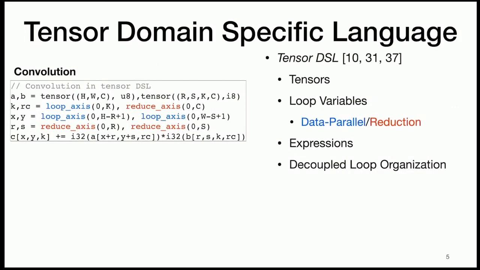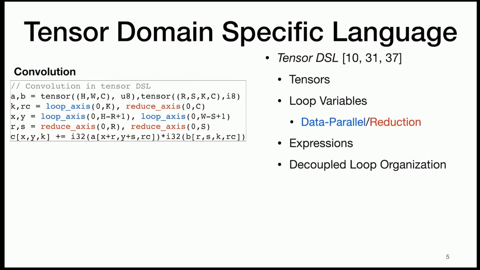As aforementioned, UNIT is based on a tensor domain-specific language. A tensor domain-specific language typically refers to those languages that follow this paradigm. Users declare tensors by their shapes and data types, and loops by their types and trip counts. By type, we mean either data parallel or reduction. The computation is described by expressions involving these tensors and variables declared.